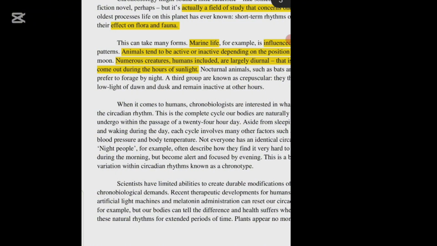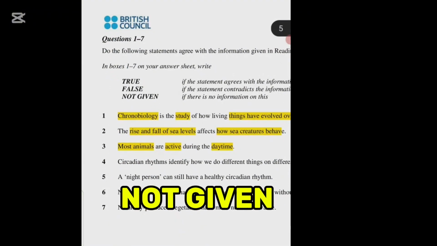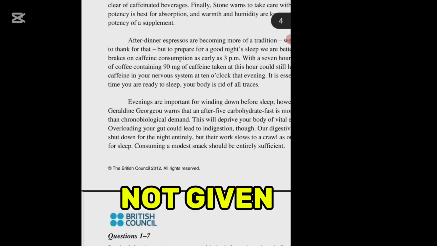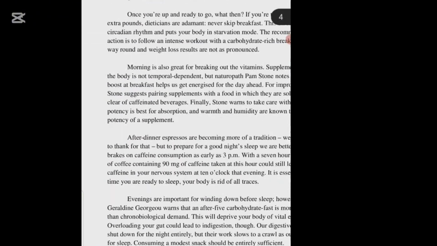So this is obviously not given, and it is simple. The key point here is about most animals being active during the day. But what we have here is numerous creatures, which is not exclusive to animals. So the point made about activity during the day is not with respect to, obviously, most animals. So that is a not given statement.